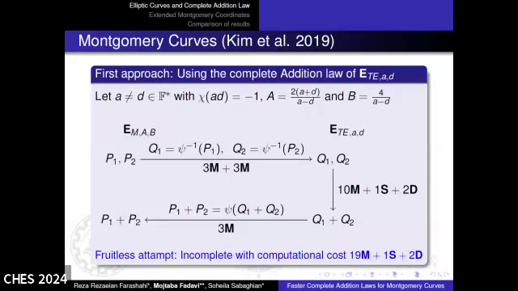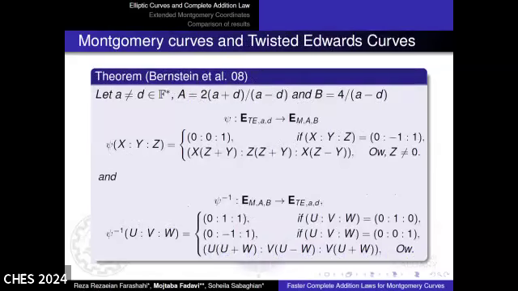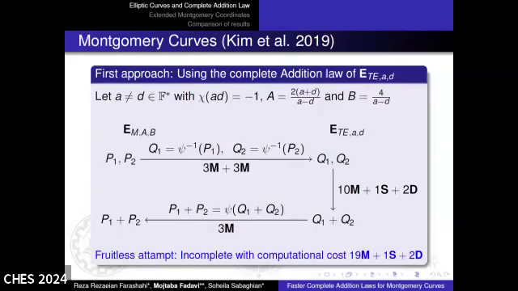But if we consider the previous map, we will see that for transferring points from the Edwards to Montgomery and the other way, we need 3 multiplications for every transmission. So if we want to extract addition laws for Montgomery using these maps, this results in an addition law with computational cost 19 multiplications plus 1 squaring plus 2 multiplications by a constant. But it's a first problem.